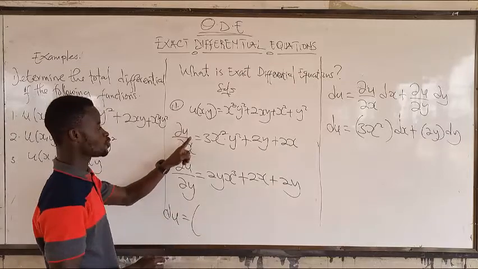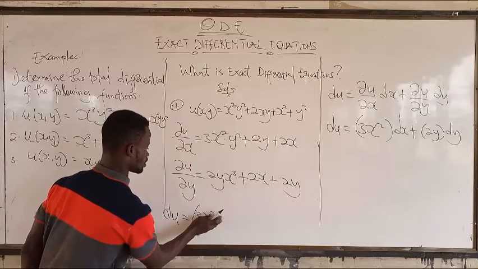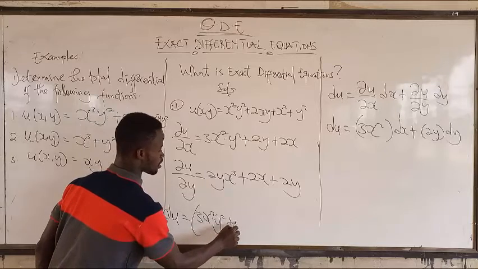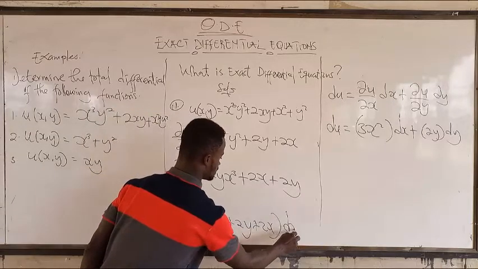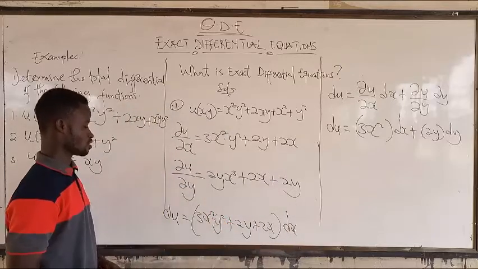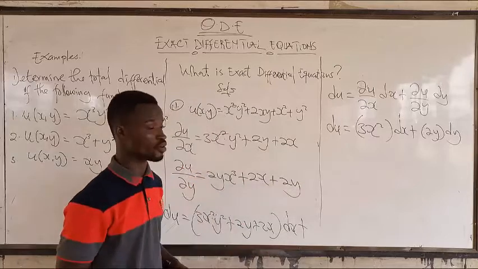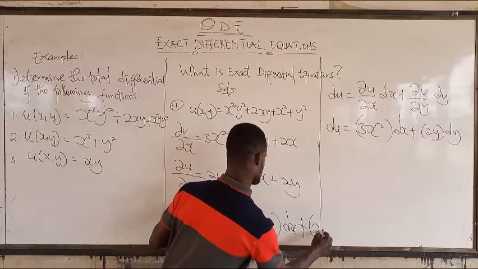the partial derivative of u with respect to x, which is 3x squared y squared plus 2y, dx, plus, if you don't bring the dy, you are wrong, plus the partial derivative of u with respect to y.